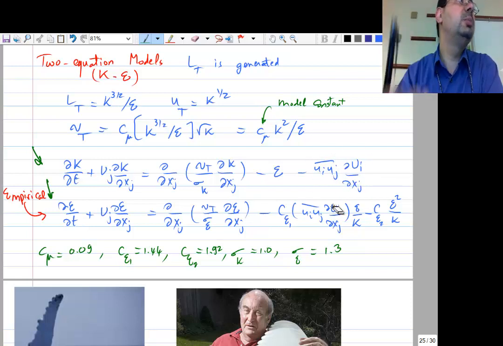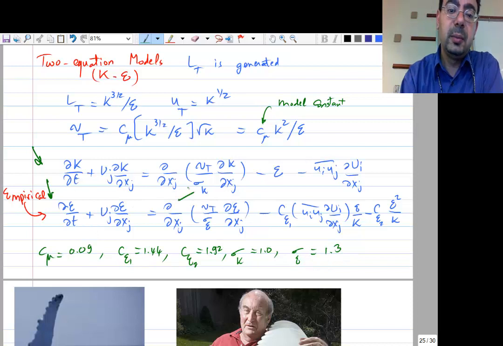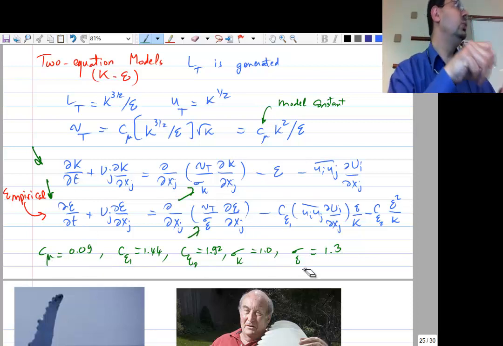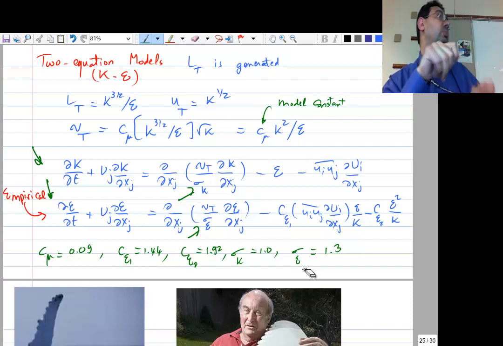You're generating turbulence. And all those constants, C mu and C epsilon, and all those guys, see, look at that. All those numbers are tuned in order to make this equation simulate pipe flow very well.